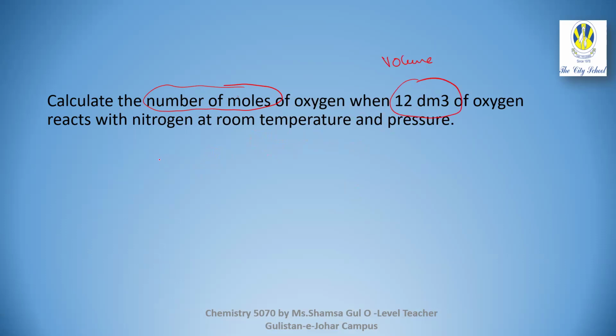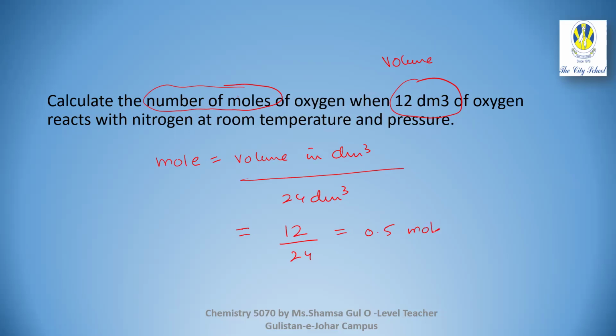We know that moles at RTP can be calculated by the formula volume in dm³ upon 24 dm³. The volume in dm³ is given, that is 12 divided by 24 dm³, so we get 0.5. Are you getting it? Yes.